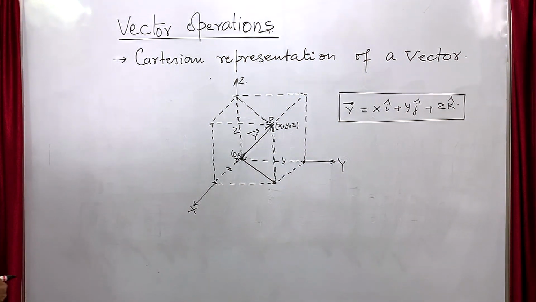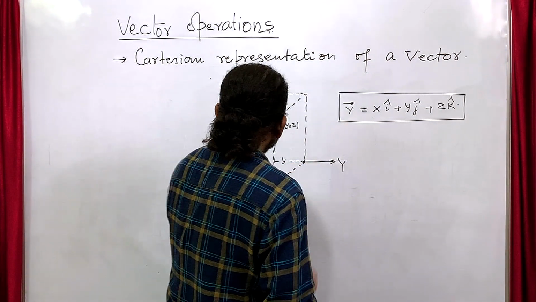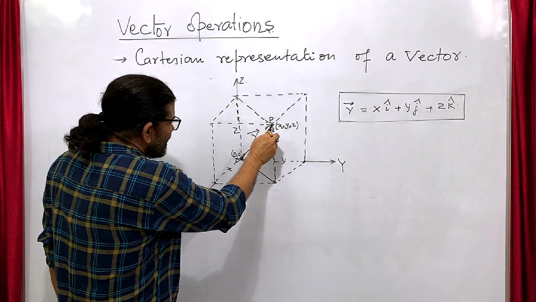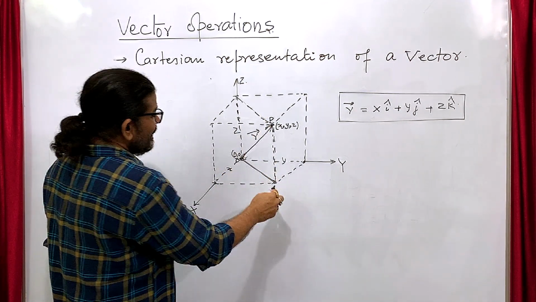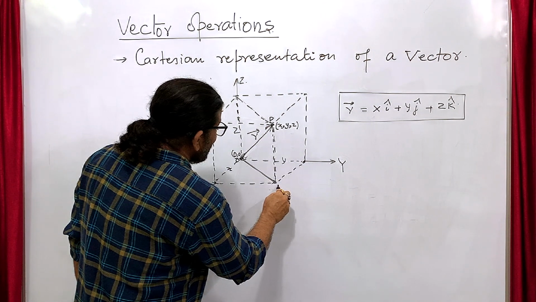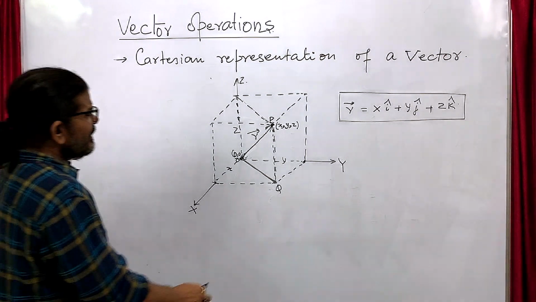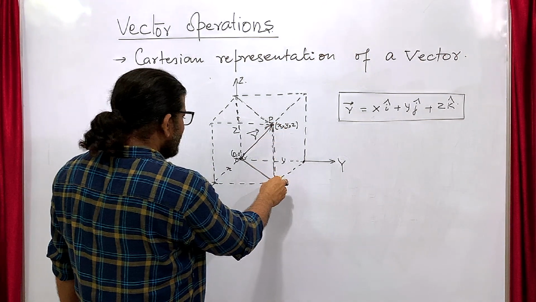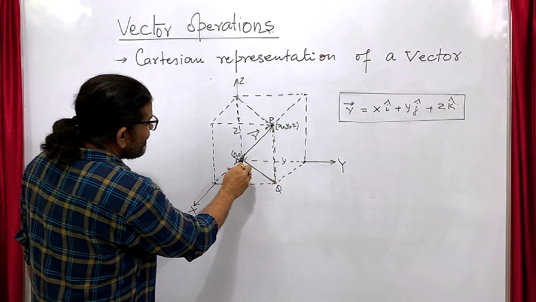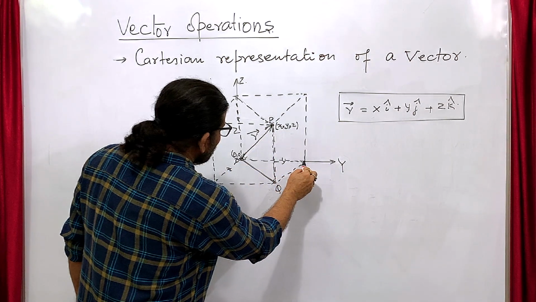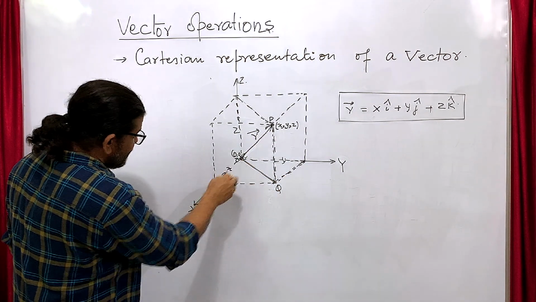Now we want to calculate its magnitude. From the geometry, suppose we take the projection here as the OQ vector. This is z, and this is y, and this also will be equal to the x component.